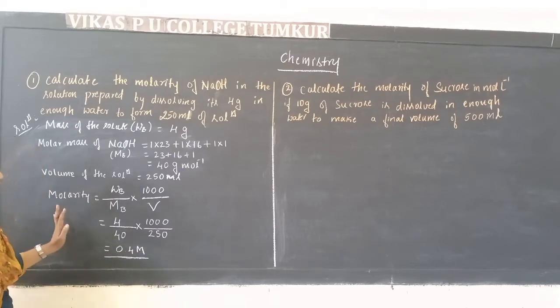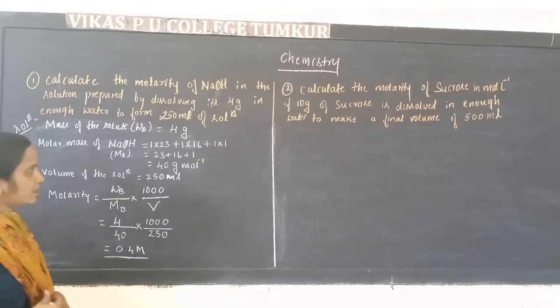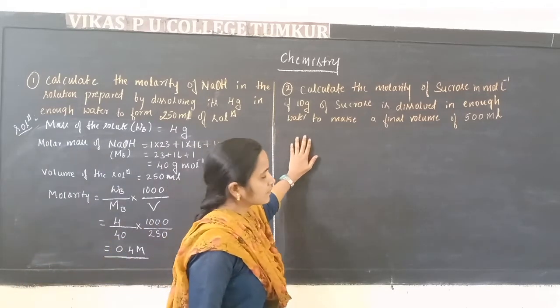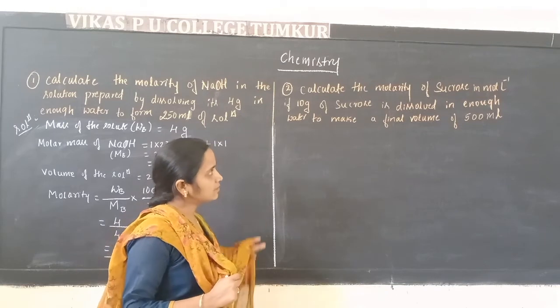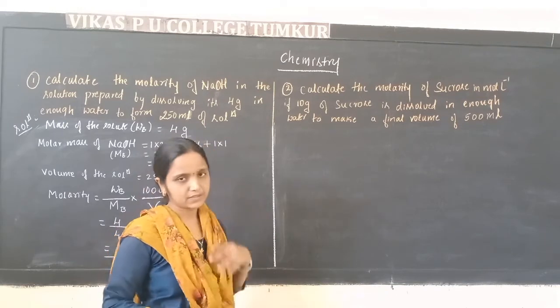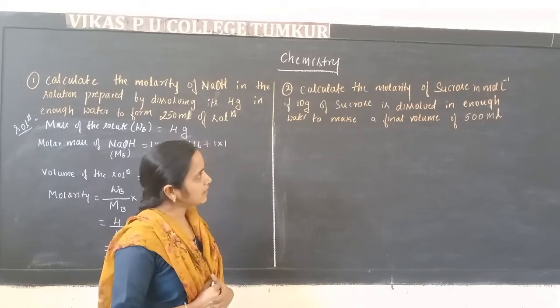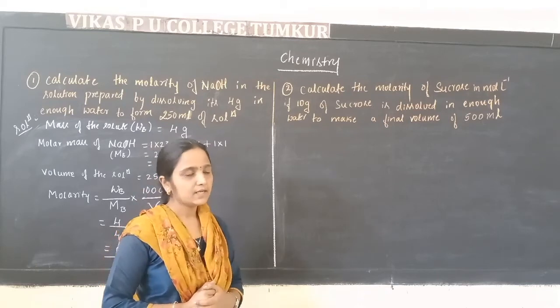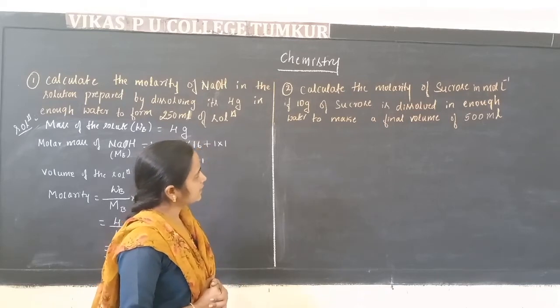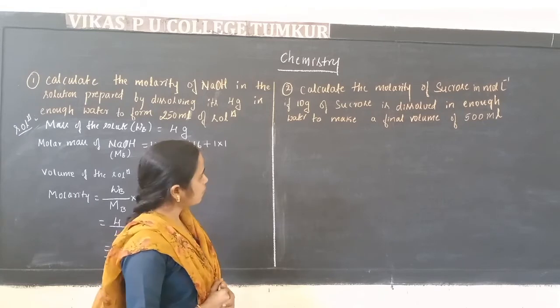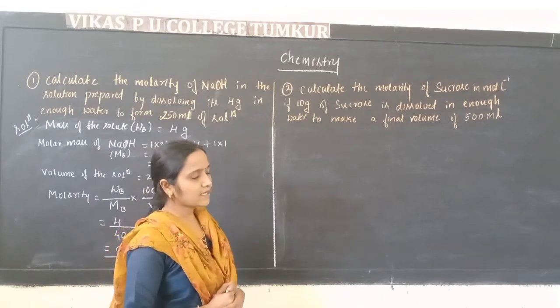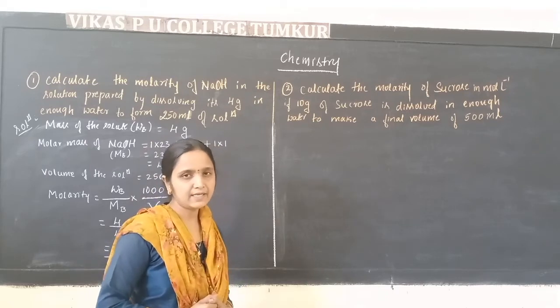Like this only, we should solve the next problem also. We should find the molarity. In this second problem, what is given? Calculate the molarity of sucrose in mole per liter if 10 gram of sucrose is dissolved in enough water to make a final volume of 500 ml.